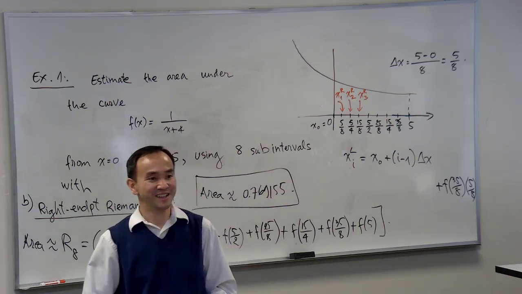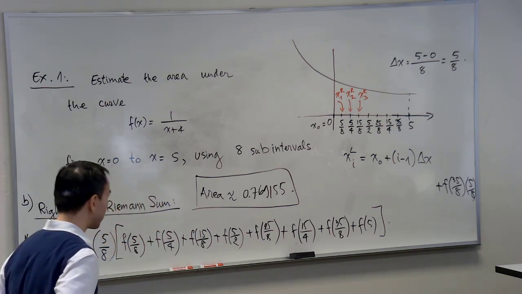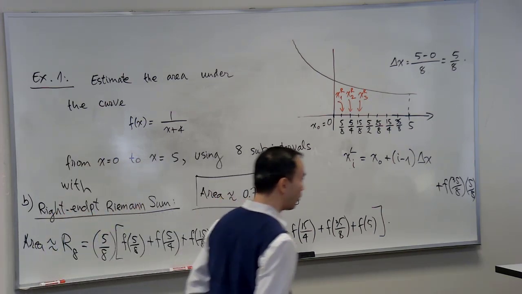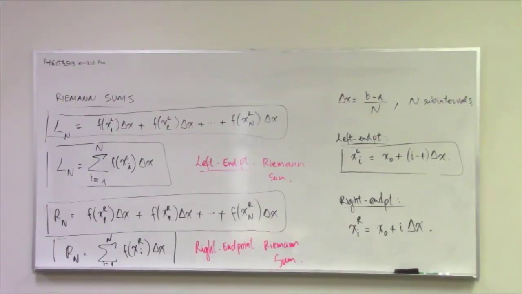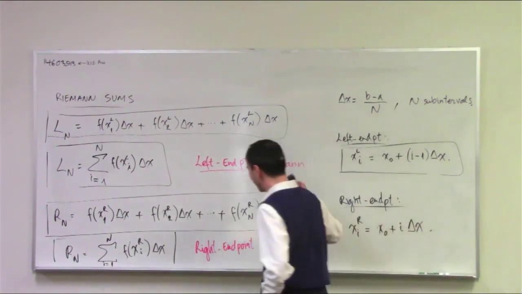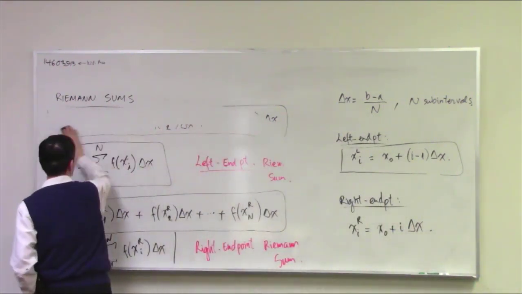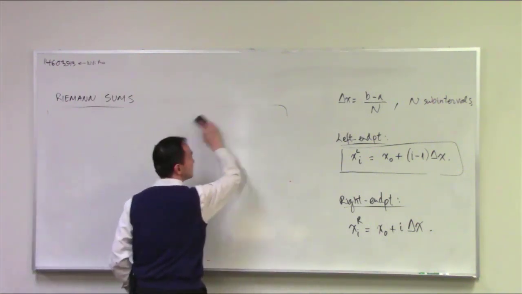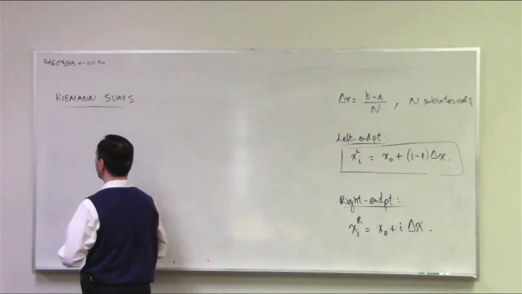Sounds good? Okay. And so, as far as the Riemann sum, learning about the left endpoint and the right endpoint Riemann sum, that's not the only way. Because in the end, remember from our earlier lecture when I was introducing the Riemann sum in general. Let me go back and erase this word right here. So I'm going to quickly review the general formula.